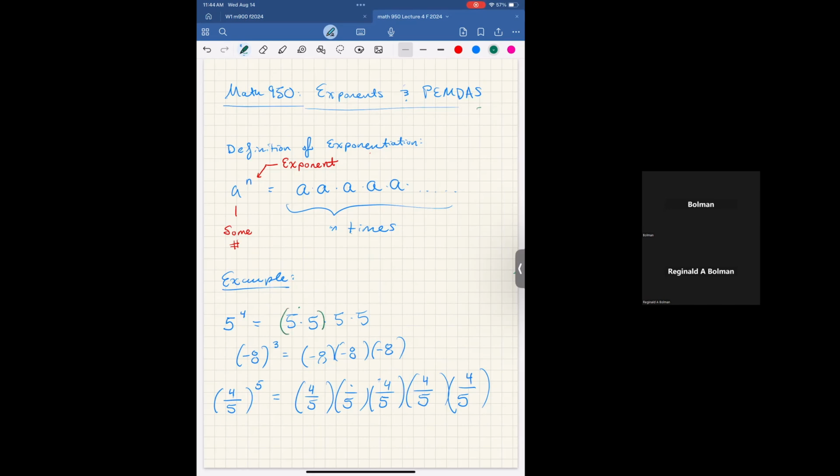So a student could start, say, on the left-hand side reading right and begin evaluating this expression by first performing the multiplication of 5 and 5. On the other hand, you might see teachers in other classes start on the right-hand side, reading left, and they might perform the multiplication of the last two fives.